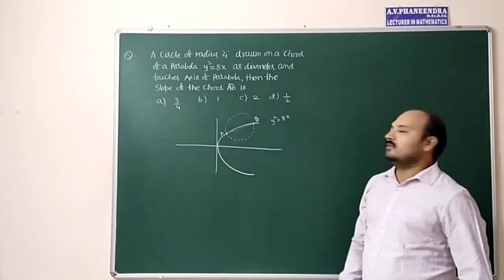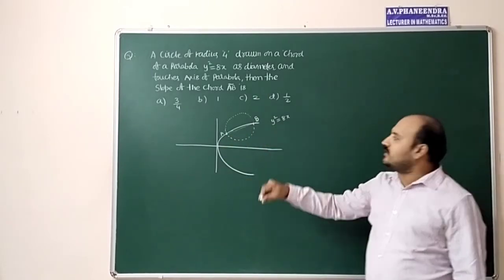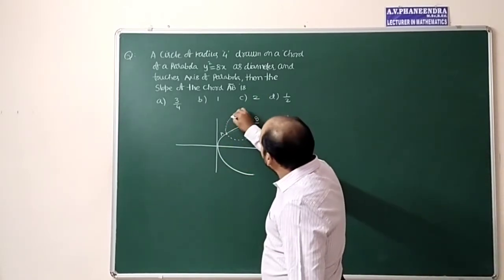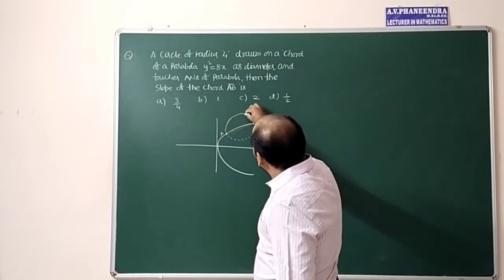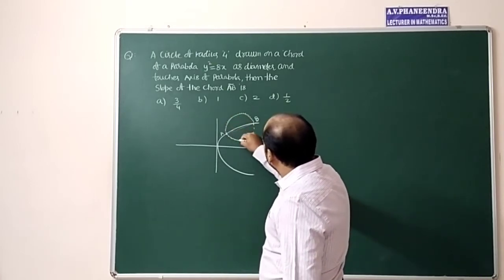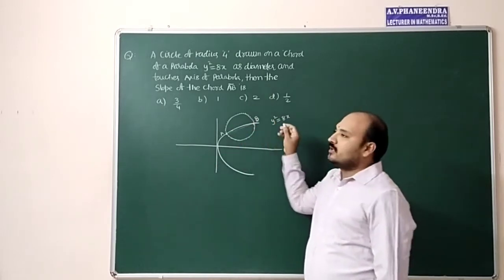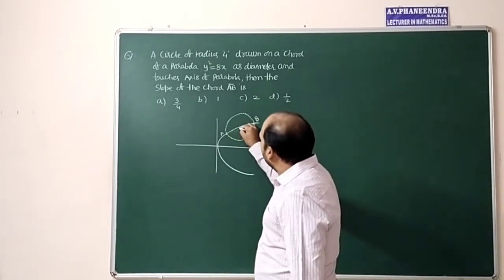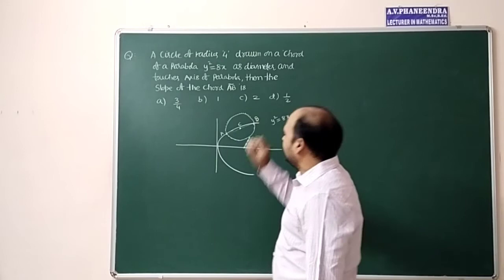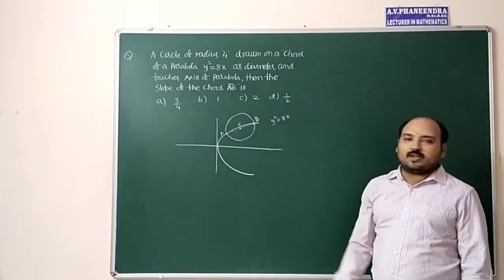This is the circle, the dotted points represent the circle. Whenever AB is a diameter and C is the midpoint, what points do you have to assume on the parabola?